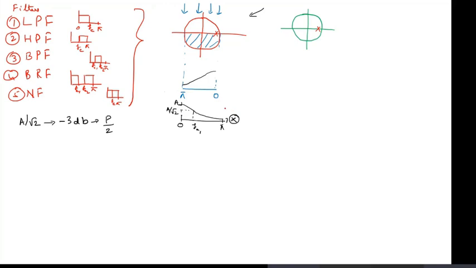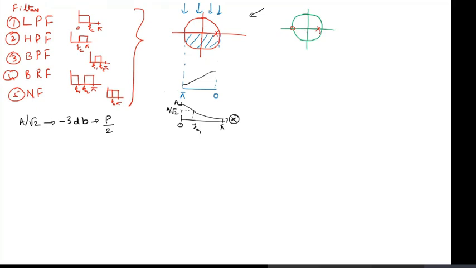Where exactly? At pi, sir. Yeah. Over the pi, because this is the frequency axis, and we have discussed that a zero can be placed anywhere on the unit circle, even on the frequency axis.